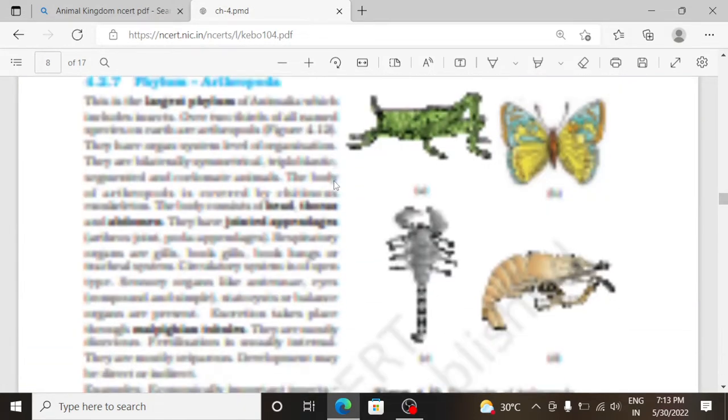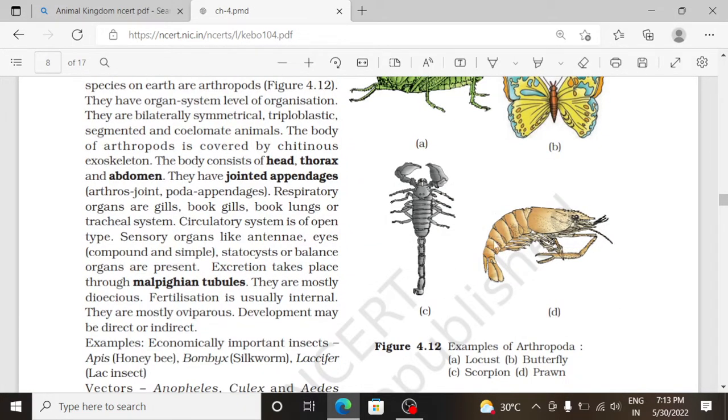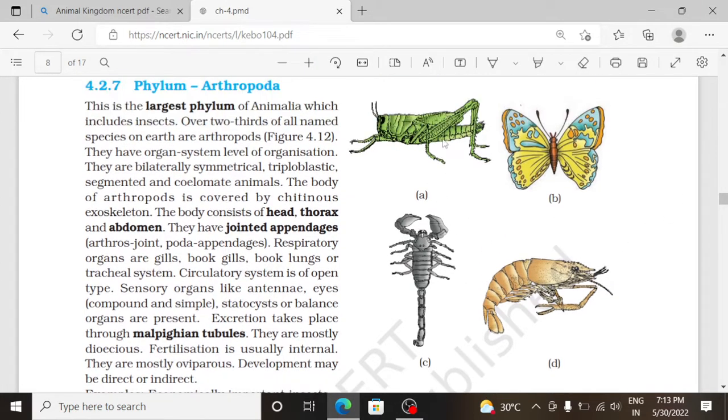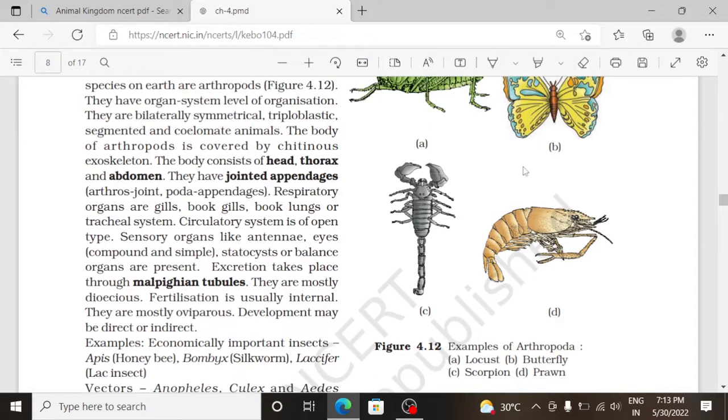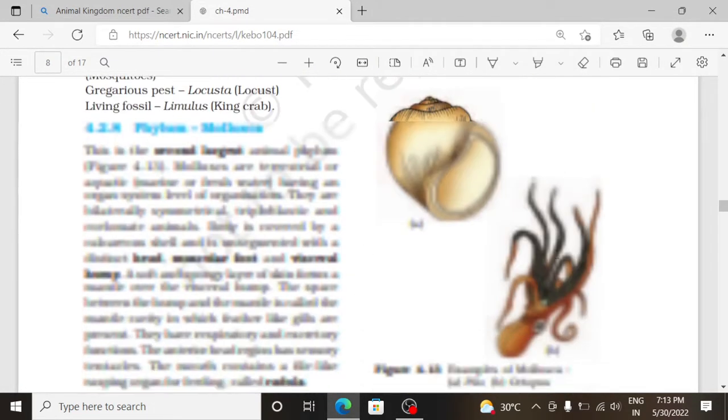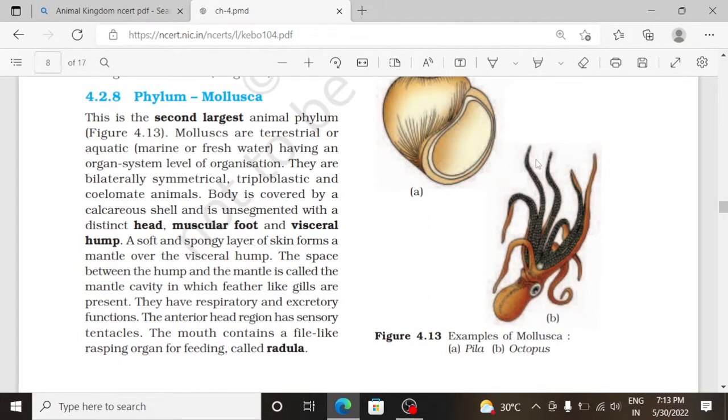Then these are all the examples of Arthropoda. The first is the locust, second is the butterfly, third is scorpion, and the fourth one is prawn. And these two are the examples of Mollusca. The first one is Pila and B is octopus.